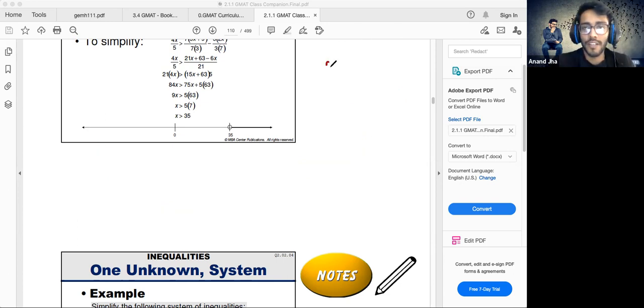Say you have a quadratic equation x square minus 3x minus 70. I want it where it is greater than 0. So first the task is to factor it. I'll factor it: two numbers whose product is minus 70 and sum is minus 3.